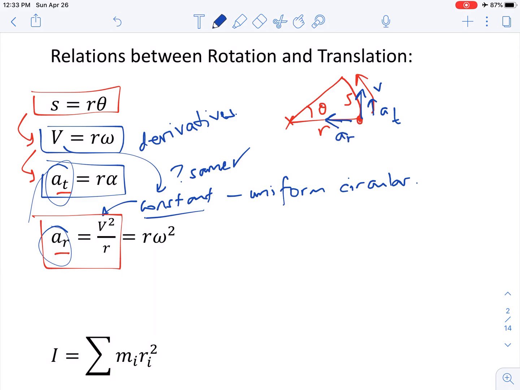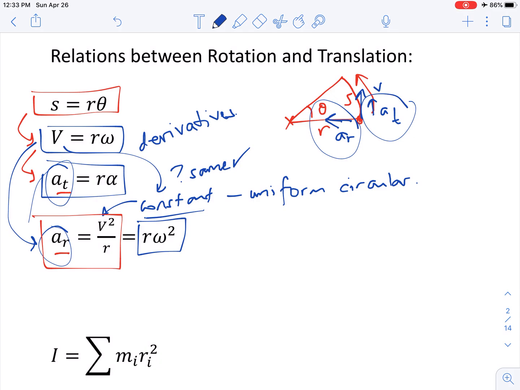So this is the radial acceleration component. So you have the tangential one and the radial, and you can see that they are always perpendicular to each other. And since it's v squared over r, using the second definition, v equals r omega, you can get the radial acceleration also in the form of r omega squared.